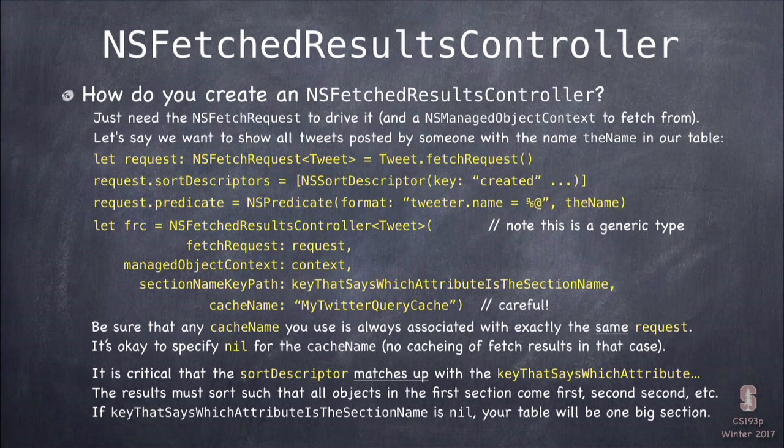That's why a lot of times when we're doing sections, the first sort descriptor will be sort by the section key name var, and then the second one will be sort by what we really want to sort by. Because we have to make sure that our entire table is sorted in section order. You see why? Because otherwise it's just weird. Things would all be in the wrong places. So the key that says which attribute is a section name has to sort in the same order as your sort descriptors.